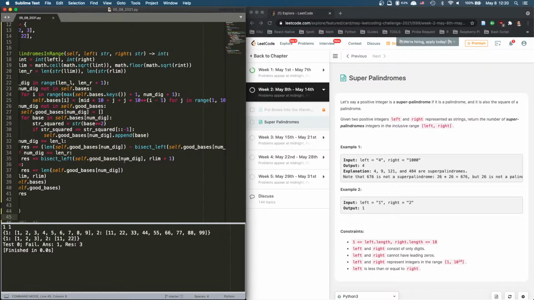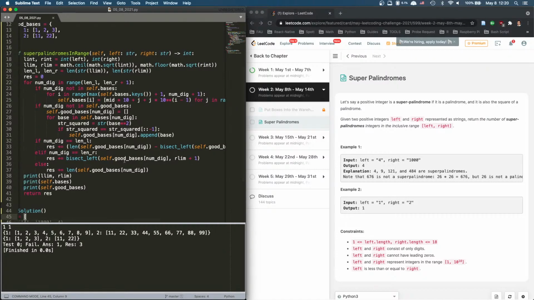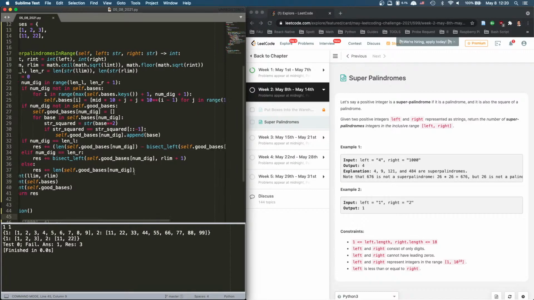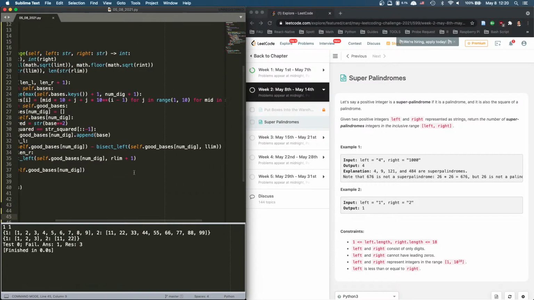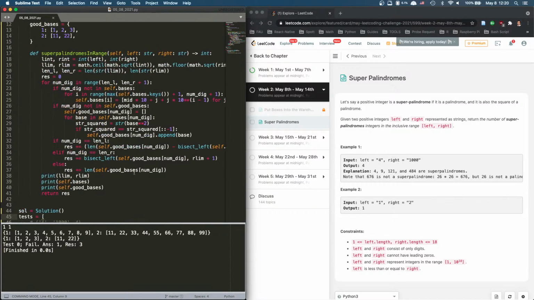And we have 1. Left limit is 1. So bisect 1. Oh, right is on it too. Holy moly. If they are the same, that's a different scenario.